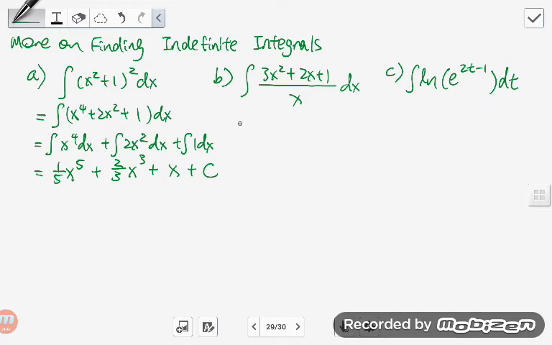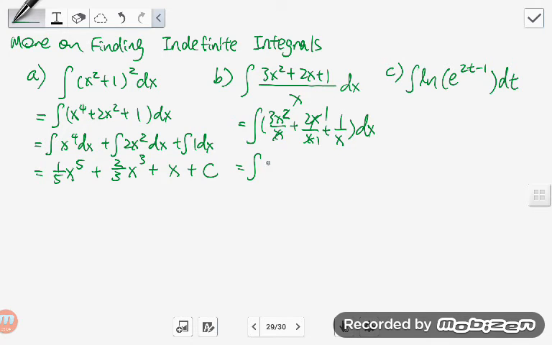Now let's look at the next one. In this case, I'm going to cut it out. So I will have 3x squared over x plus 2x over x plus 1 over x, and the whole thing with respect to x. Now a lot of stuff can be simplified, right?